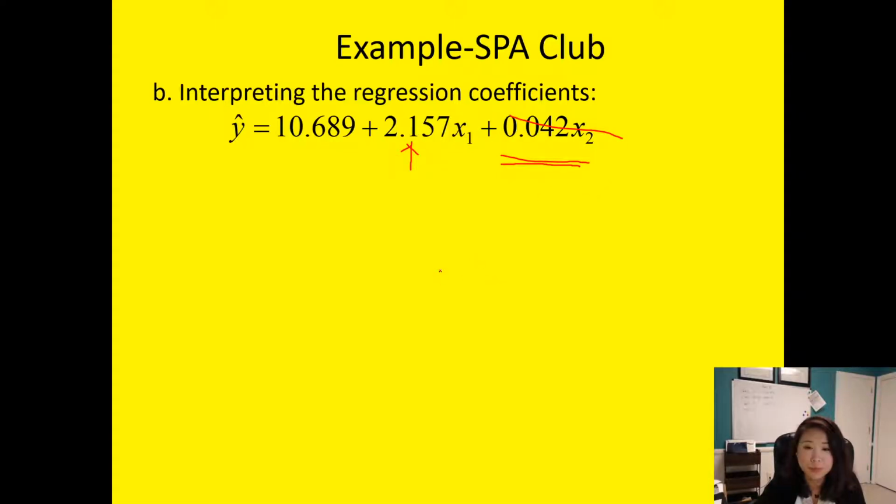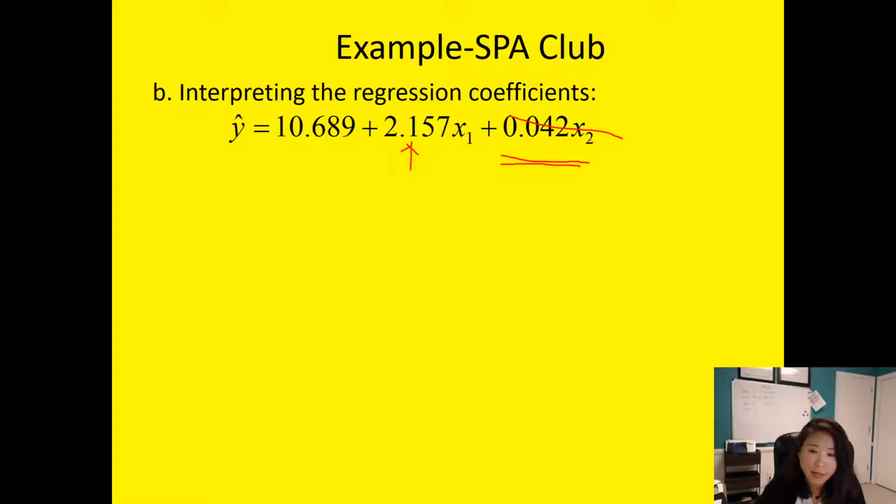So the answer is pretty simple. When we interpret one partial coefficient, we treat it as a simple linear regression model. And after you interpret it, you just need to add one more extra phrase, that is, keep other variables not change. So basically this partial coefficient is measuring how y will respond to an x1 change, given your x2 is not changing.